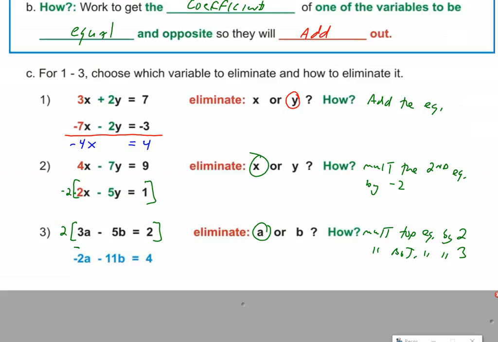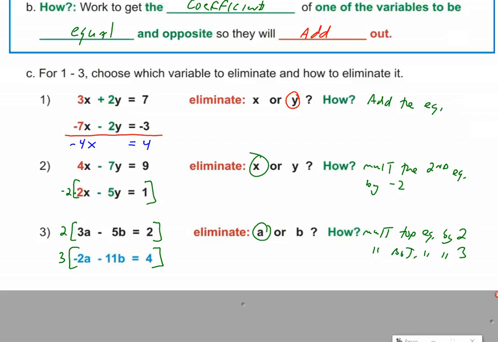Justin has just made it so that the top has a positive 6a and the bottom has a negative 6a. All right, multiply the top by 2, multiply the bottom by 3. That's going to give us a positive 6a on the top and a negative 6a on the bottom. Then they're ready to add out.